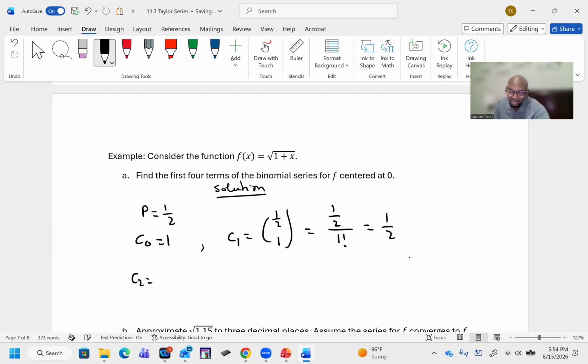C2 is equal to 1/2 choose 2, right? Which will be what? 1/2 times 1/2 minus 1 divided by 2 factorial, which would be -1/8.